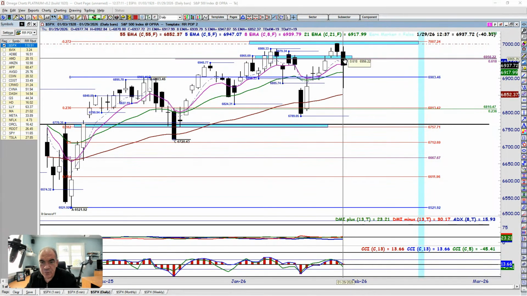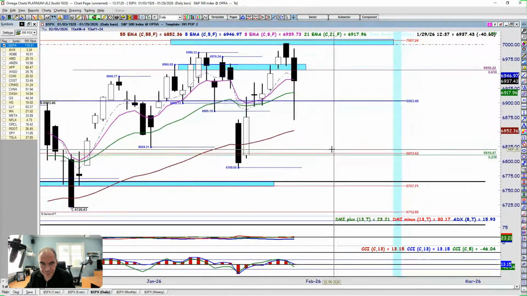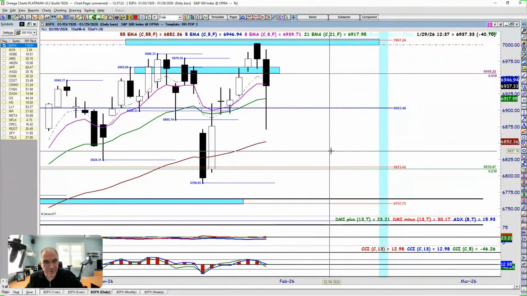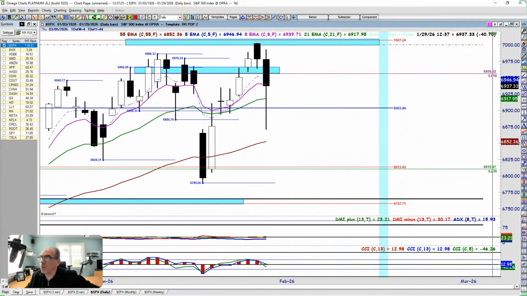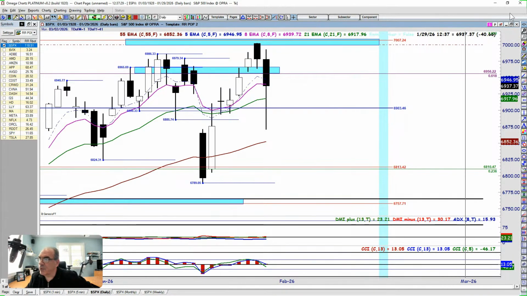I'd be looking for the move up, but right now I am very hesitant because I want you to think of this. Here, let me do it this way. Oh, good, we got a lot of lines in there. I want you to think of this as you just had a storm in your neighborhood, and this is you right now. You're sitting right there, and you're thinking of taking your car out.